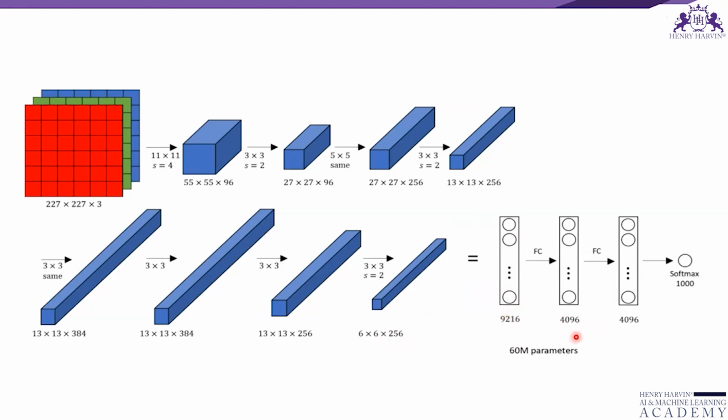So the number of connections in this case is 9216 into 4096, and every node from this fully connected layer provides input to every node in the second fully connected layer. So here we will have a total of 4096 into 4096 connections, as in the second fully connected layer also we have 4096 nodes. And then at the end, we have the output layer with 1,000 softmax channels. So the number of connections between the second fully connected layer and the output layer is 4096 into 1,000, right?